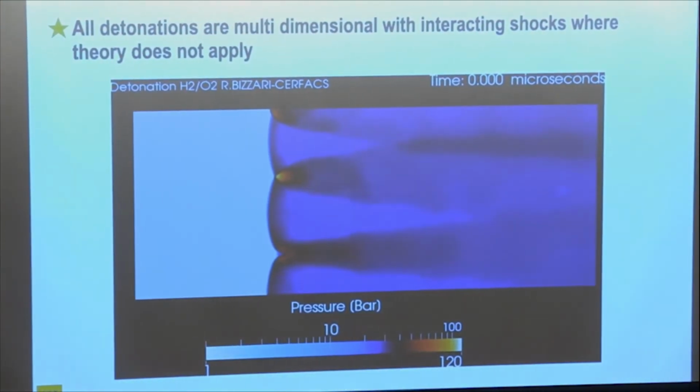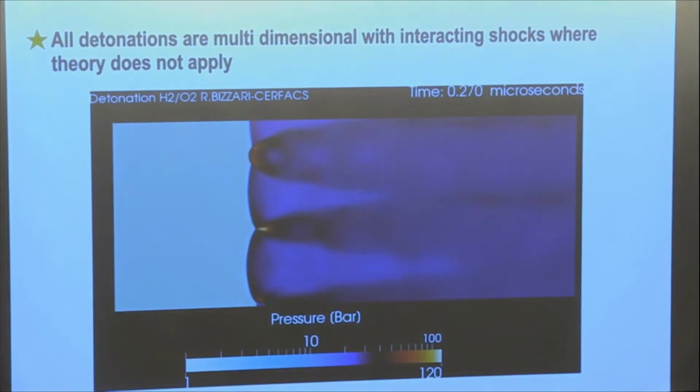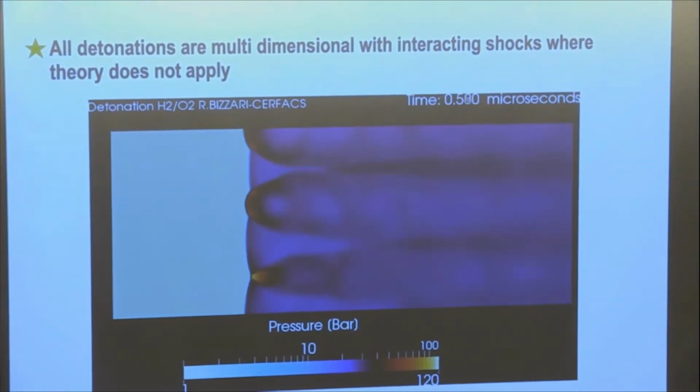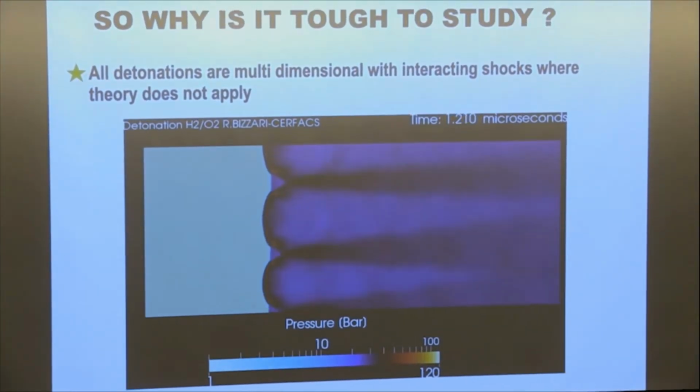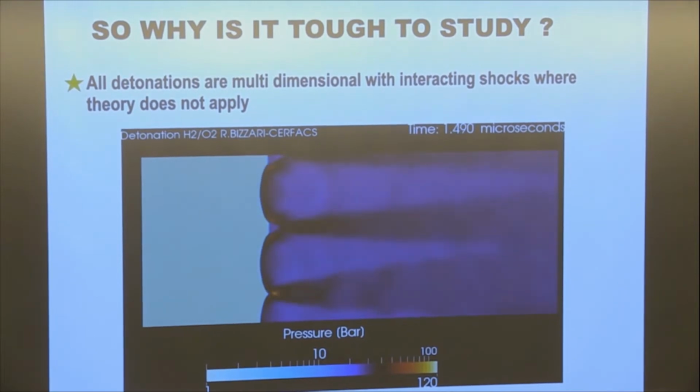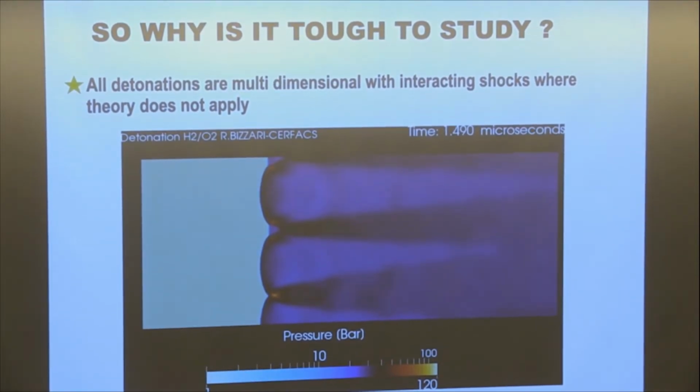The funny thing also is that today, if you do these simulations of detonations with a single-step chemistry, like this one here, and you say, oh, it's not good, let's put a complex chemical scheme, the results get worse. And this is the only example I know where things get worse. For deflagration, when you increase the quality of the chemical scheme, things normally improve. Not for detonation, which tells you that there's something funny about chemical schemes in detonations.